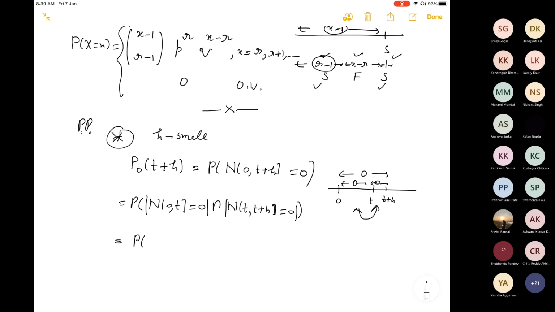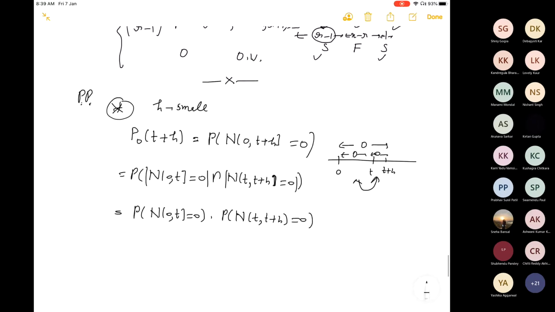So therefore, using the definition of independence, this is the probability N(0 to t) is equal to 0 and this is the probability N(t to t plus h) is equal to 0, because Nt has independent increments. Now this is the notation, Nt is equal to 0, so t0t.